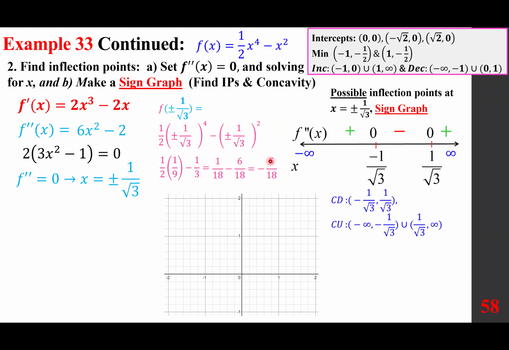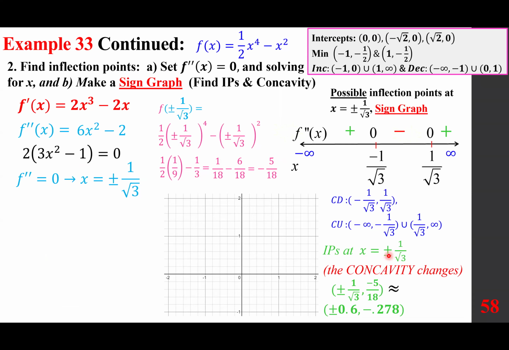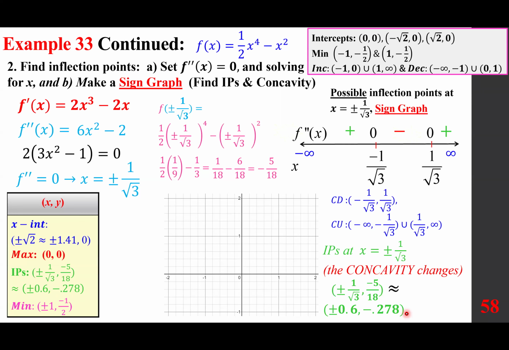So IP is at x equals plus minus 1 over square root of 3 because the concavity changes. This is the precise location. We write this as an approximation for the sake of graphs. So let's do the summary, everybody. So here's the summary.